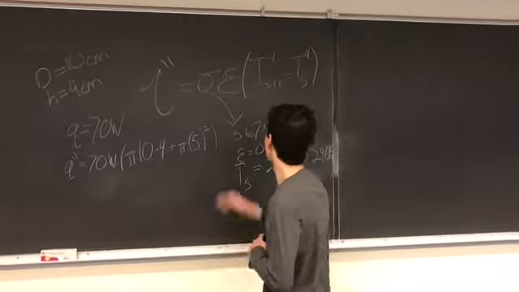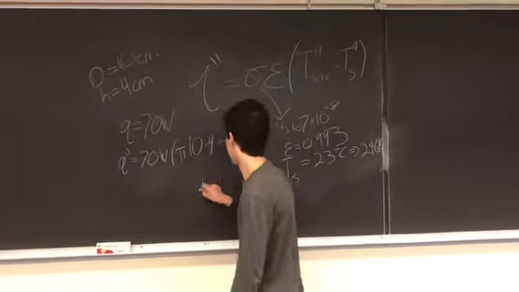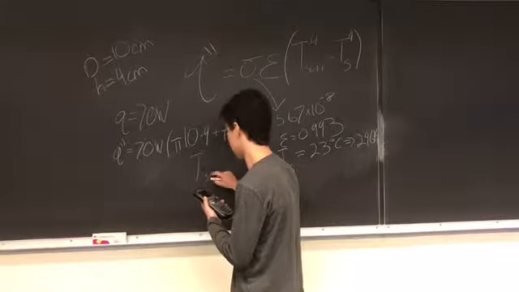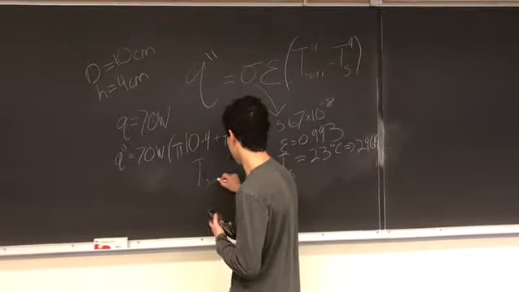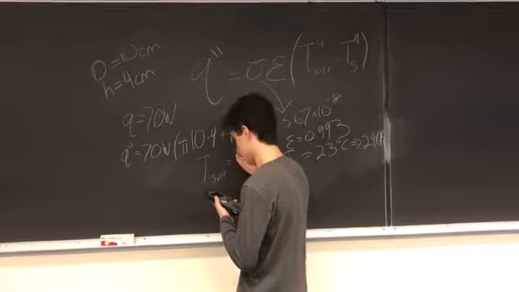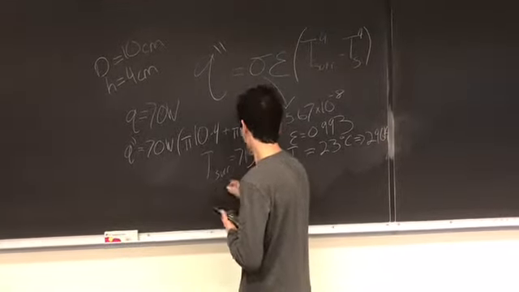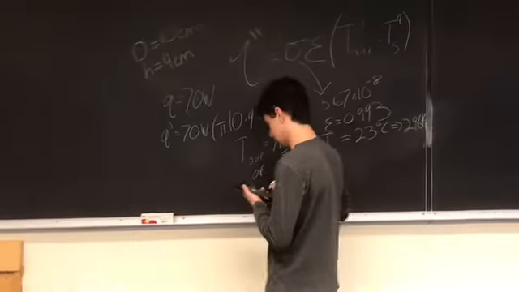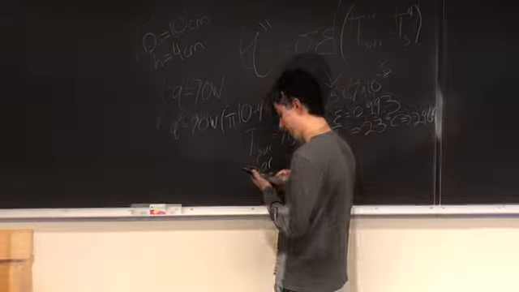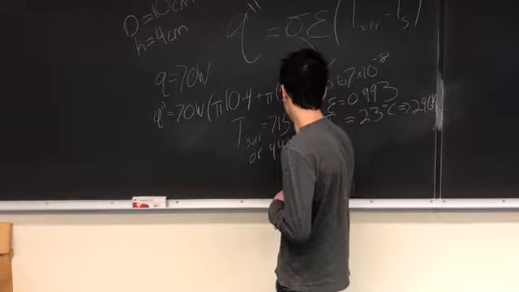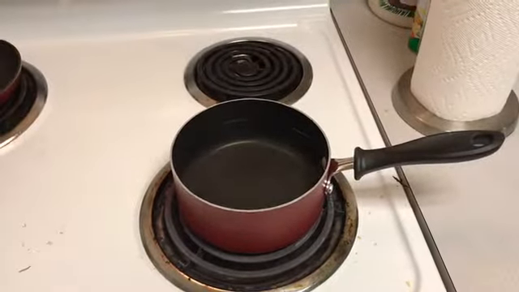And once you've solved for the effective temperature of your surroundings, which is going to be the temperature of the walls of your microwave, you get 715 Kelvin, or 442 degrees Celsius.